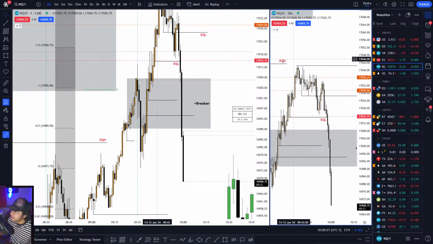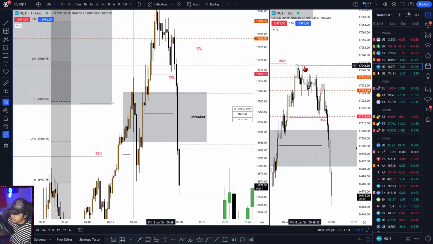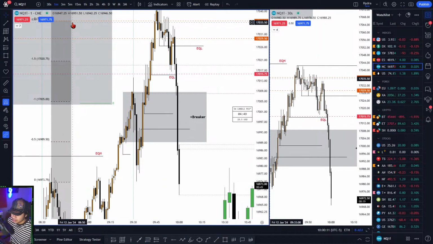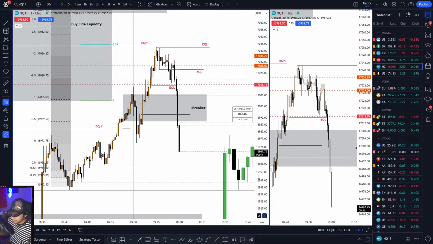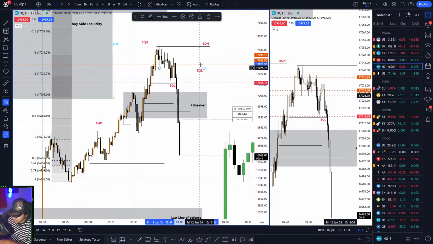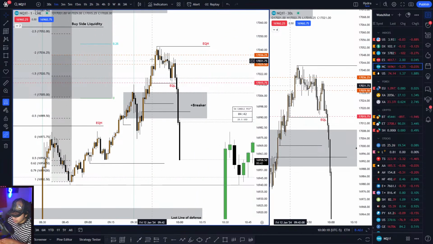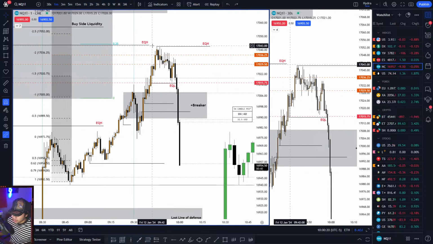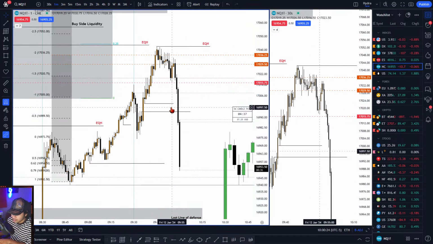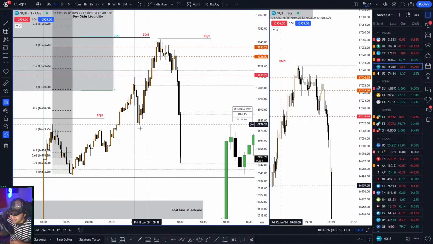I can see only ES took that buy side liquidity from here. So only one pair. And I also wanted to see this equal high getting cleared out. So not every single time it will work, folks.